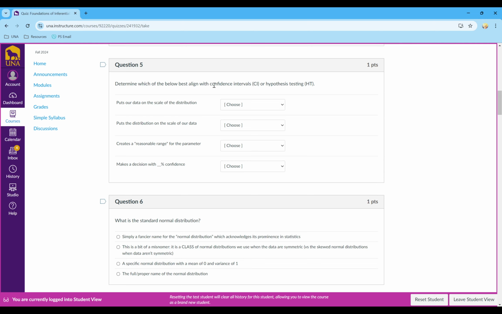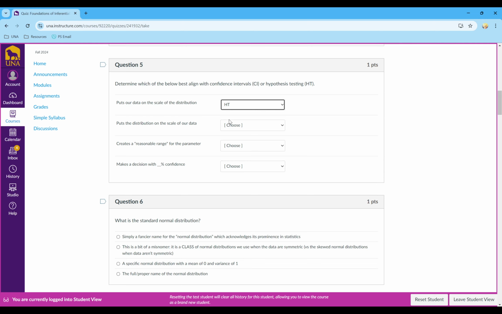All right, determine which of the below align with CI and HT. Put our data on the scale of the distribution. Ooh, well, I sure hope we talked about this in the videos. I believe we did, but honestly, I can't remember one way or the other. So data on the scale of the distribution. Oh yeah, well that's kind of the whole point of a test statistic in the hypothesis test.